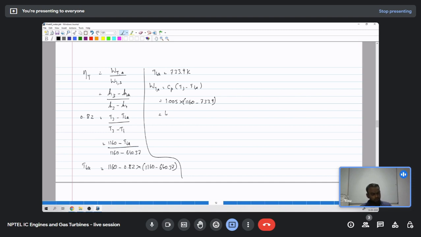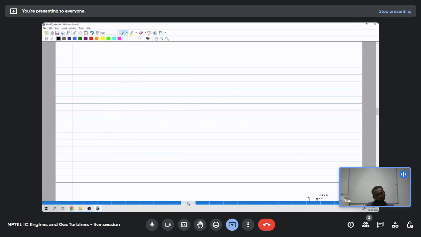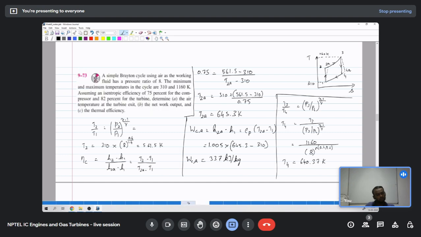This is 482.2 kilojoule per kg. Now we have calculated the turbine work output and also the compressor work input in the actual scenario. With this we can calculate the net work output and the thermal efficiency.